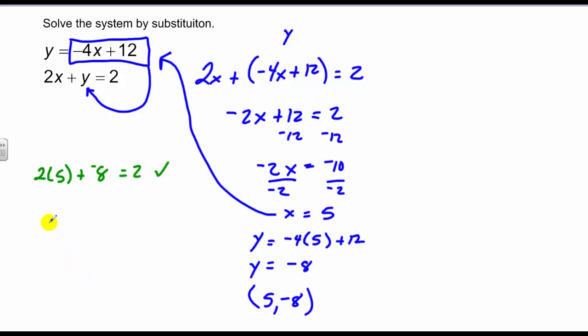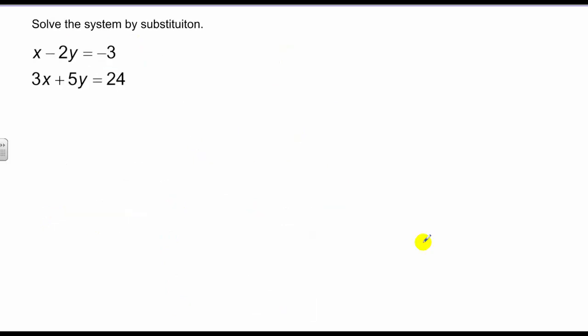Once again, I take negative 8 for the y value, set that equal to negative 4 times 5 plus 12, and negative 20 plus 12 is negative 8. So both those check.